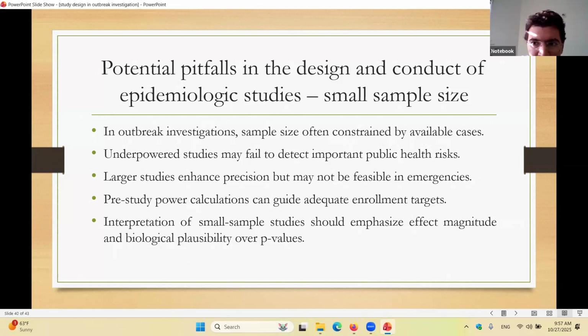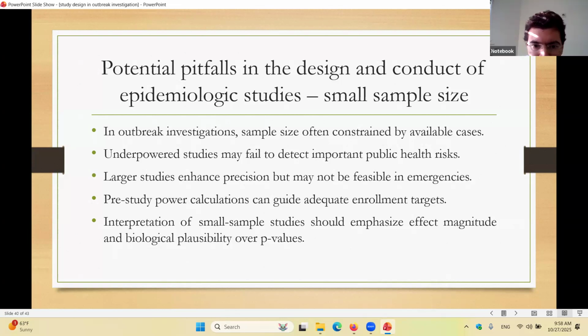So it is a limitation of calculation of sample size in case control studies. Underpowered studies may fail to detect important public health risks. Larger studies enhance precision but may not be feasible in emergencies.